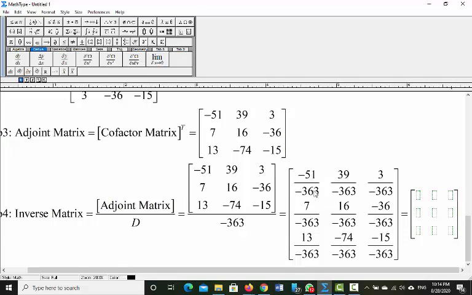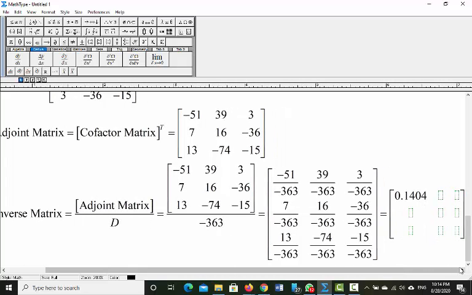So we will divide 51 divided by 363, which is equal to 0.1404. Right. Now we will divide 39 divided by minus 363.